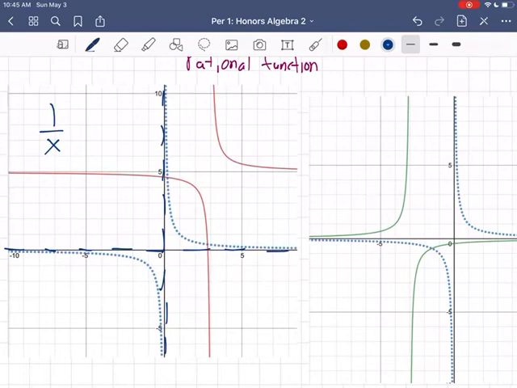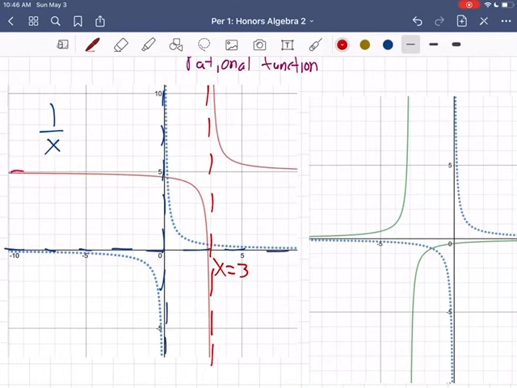The asymptotes cross at the point 0. And then my asymptotes for my new function. See if we can make those a little bit clearer. So that asymptote, it looks like, is right at x equals 3.